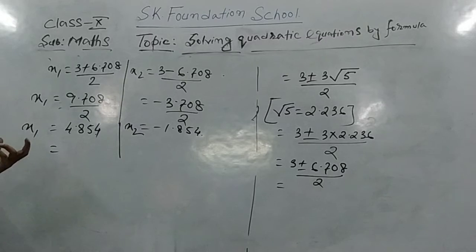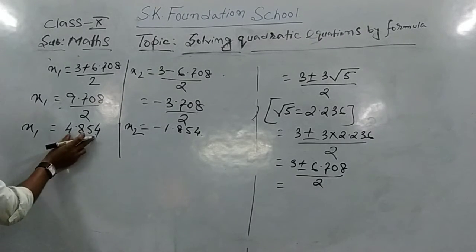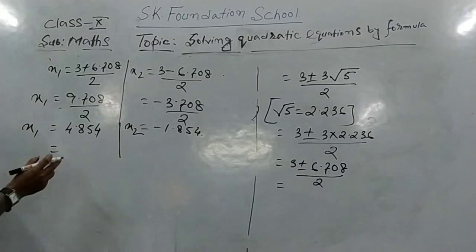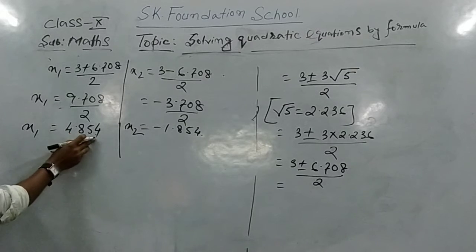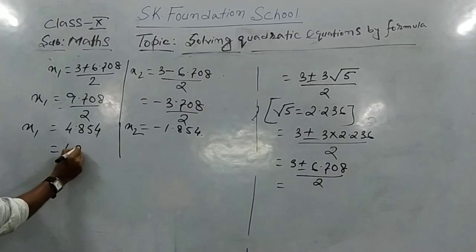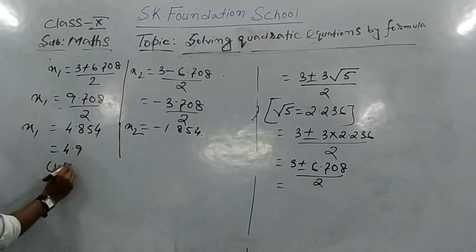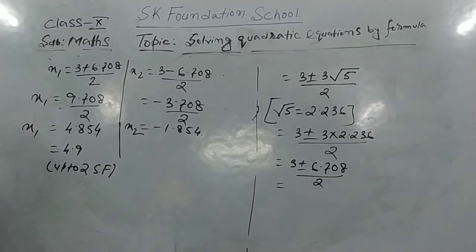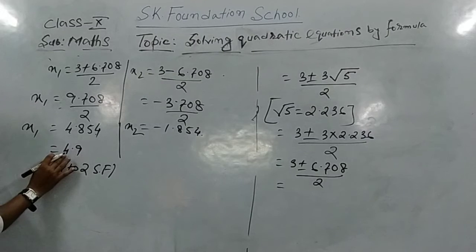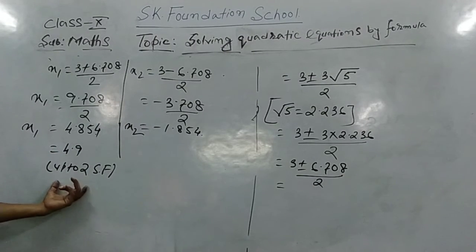Two significant figures means the number contains only two digits. So in place of 4.854 we can write 4.9, because it is given up to two significant figures, first digit 4, second digit 9, not counting the decimal. That is the meaning of significant figures.